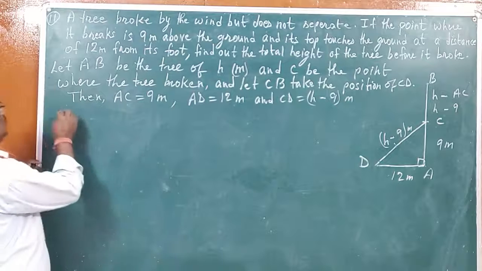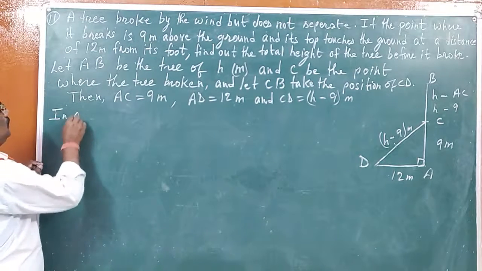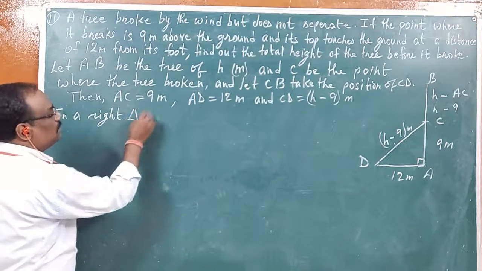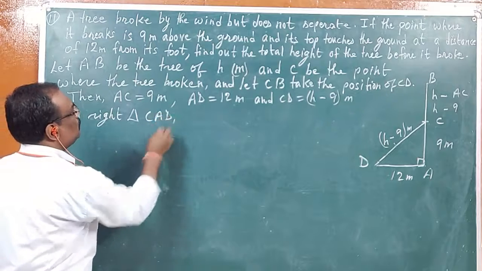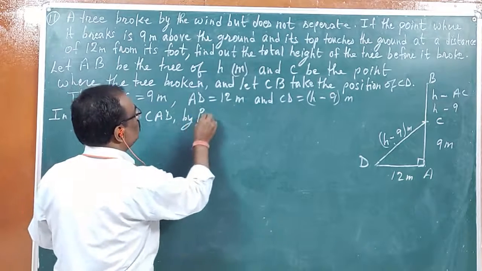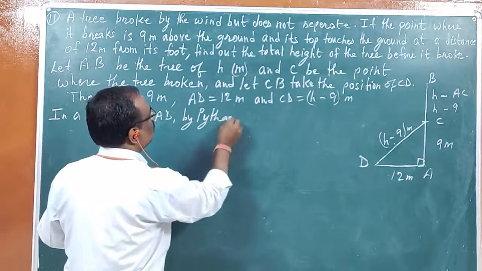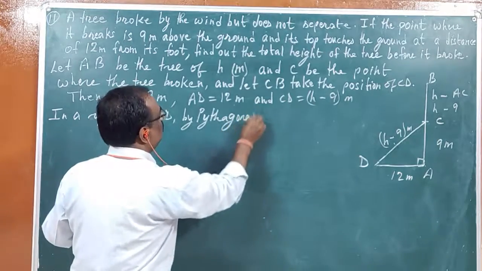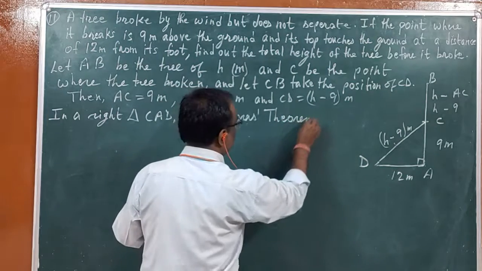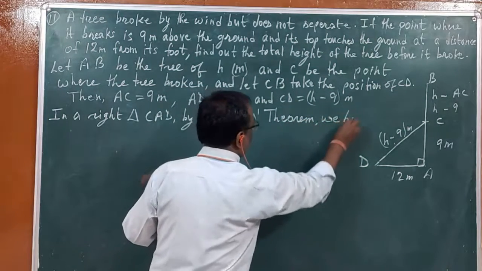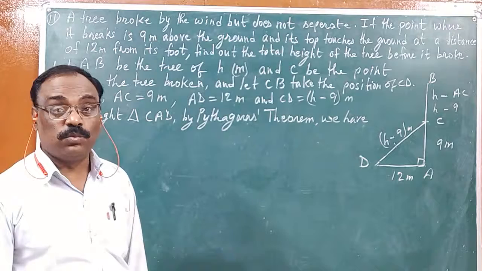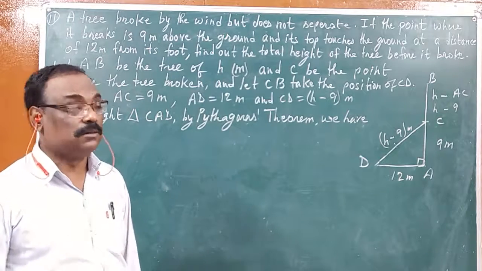So in a right triangle CAD, by Pythagoras theorem, we know that the square of the hypotenuse is equal to the sum of the squares of the other two sides.